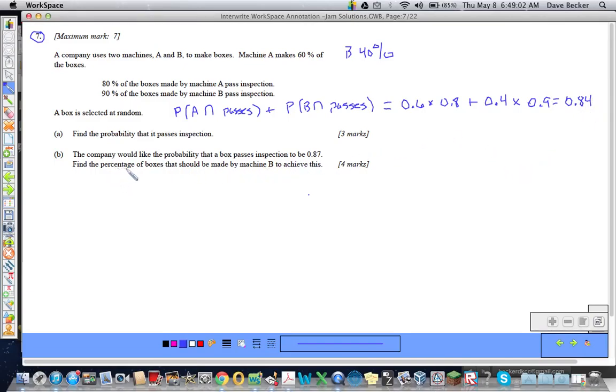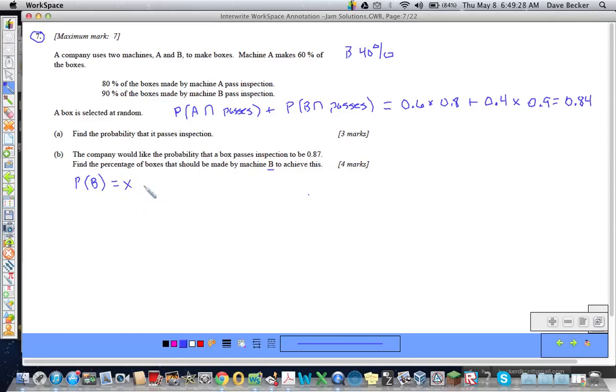B. The company would like the probability that the box passes inspection to be 0.87. Find the percentage of boxes that should be made by machine B to achieve this. Let's think of it this way. Let's say that the probability of B is equal to x.